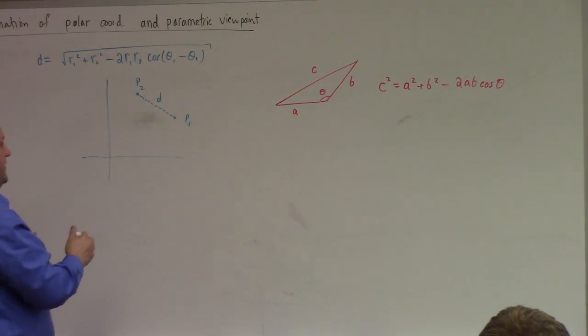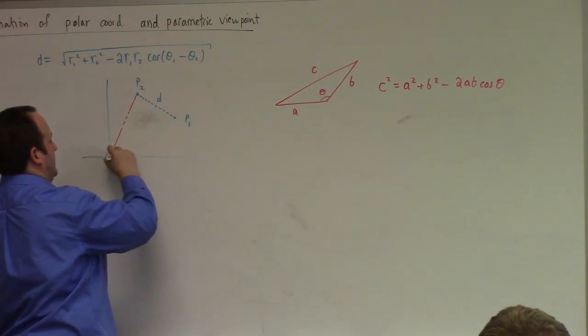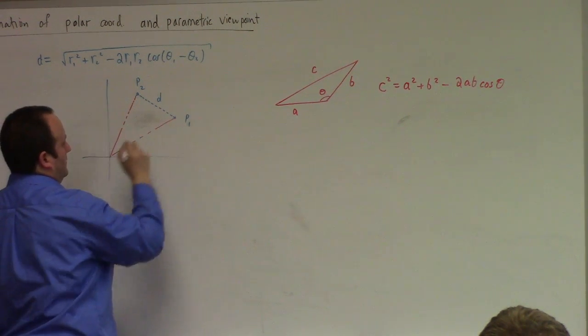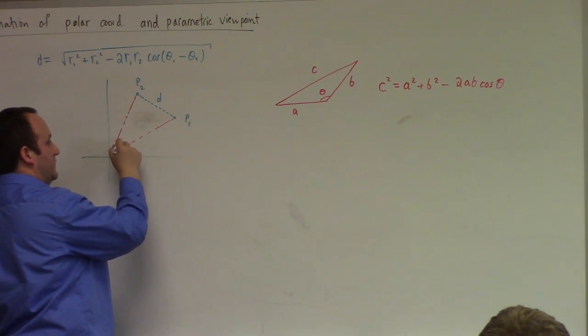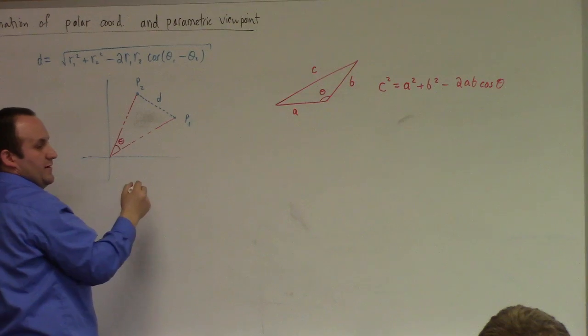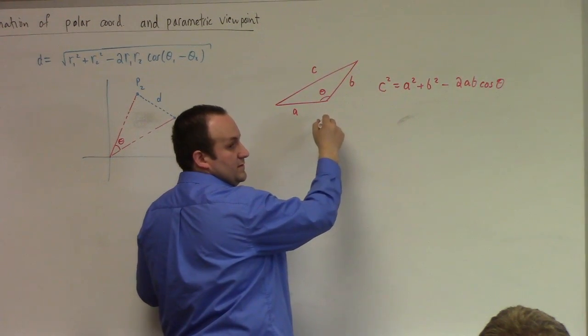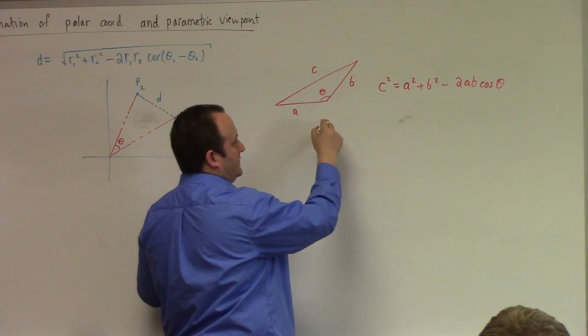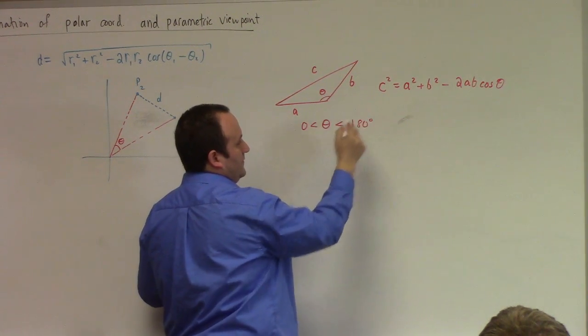I would look at this triangle, and this would be my theta. What's assumed here is that 0 is less than theta is less than 180 degrees.